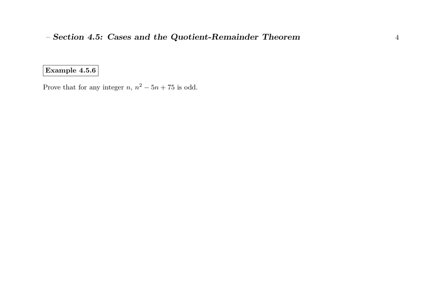Let's do one more proof with cases. So oftentimes you're going to ask, how do I know I need to divide my problem into cases? And again, that's going to come down to, are you talking about evens and odds? Are you talking about the parity of a number? So let's prove that for any integer n, n squared minus 5n plus 75 is odd.